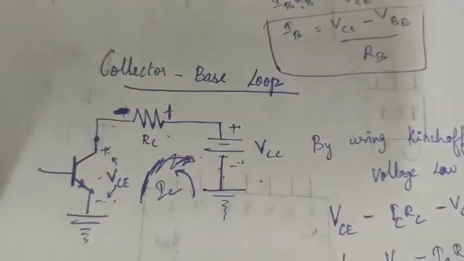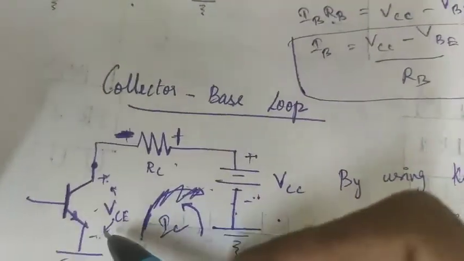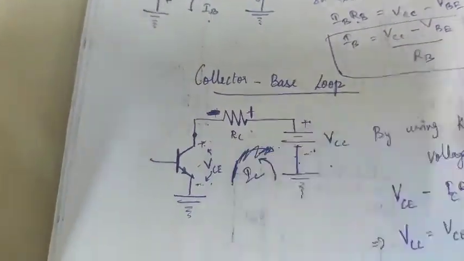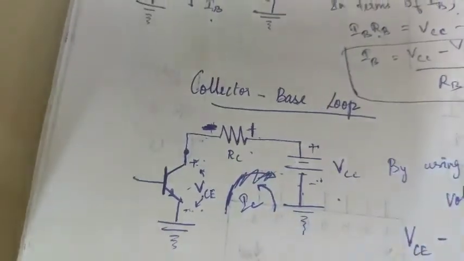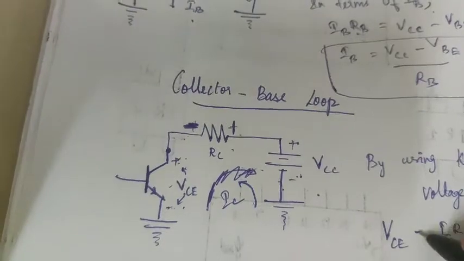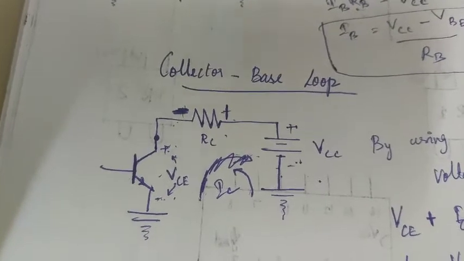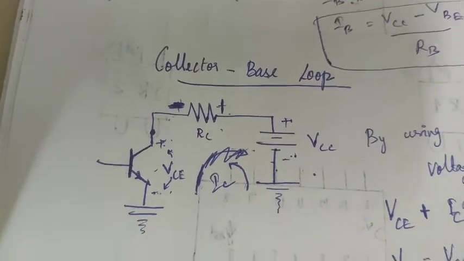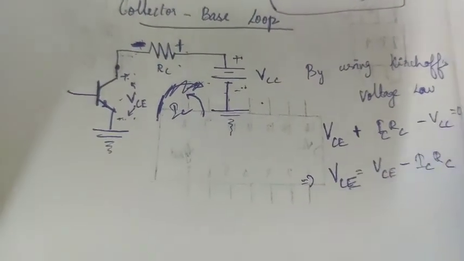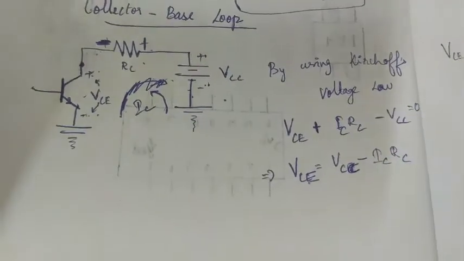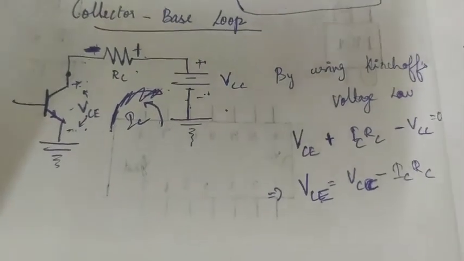Now when I write an equation, from minus to plus there is a rise, so VCE, and once again minus to plus across RC, it is again positive, plus ICRC, and plus to minus VCC, so minus VCC. So when I write the equation, VCE is equal to VCC minus ICRC.